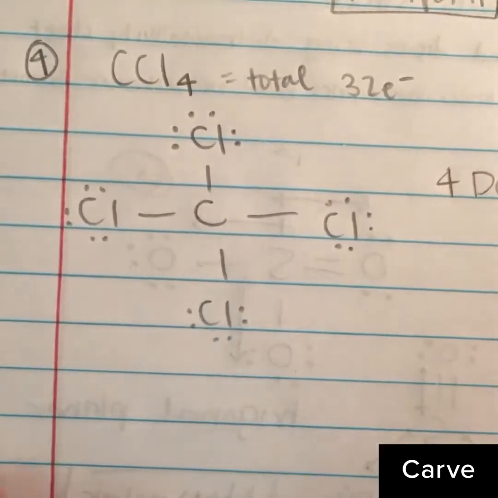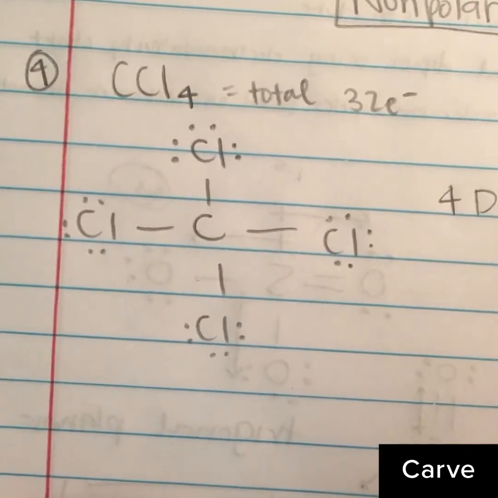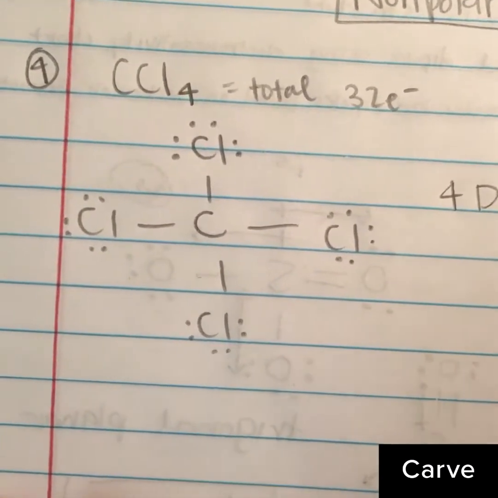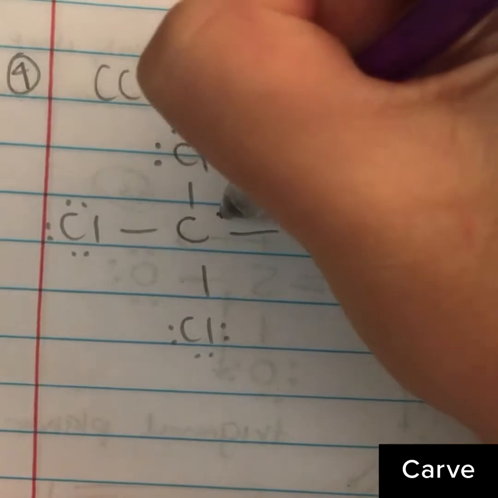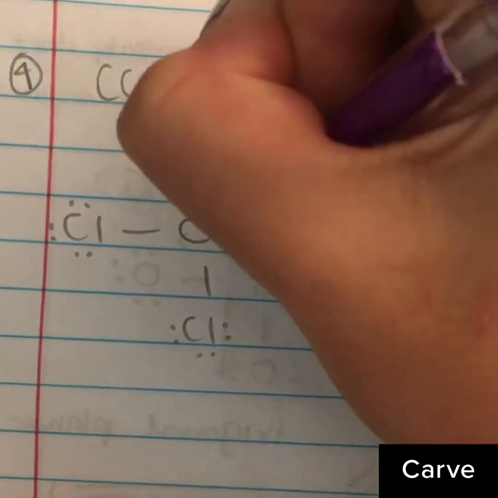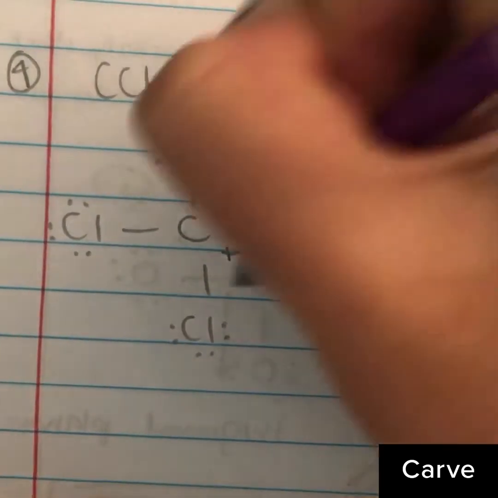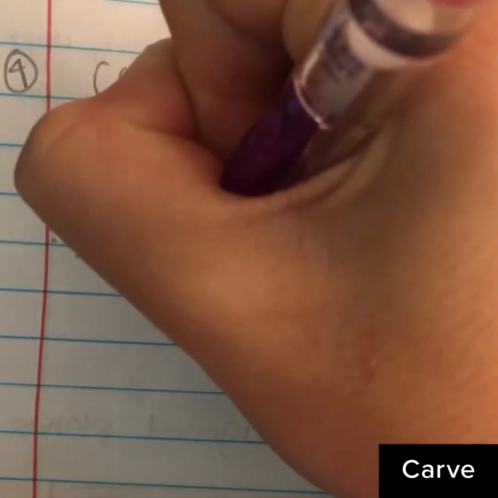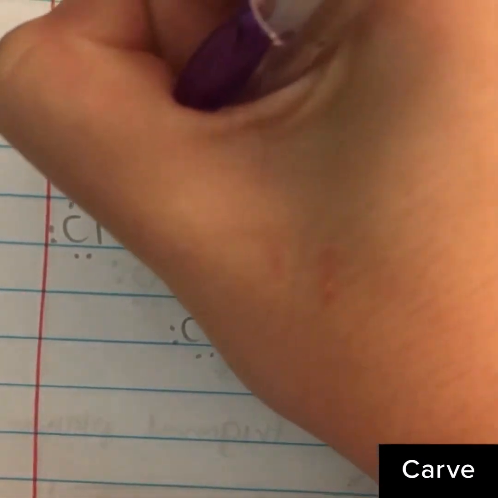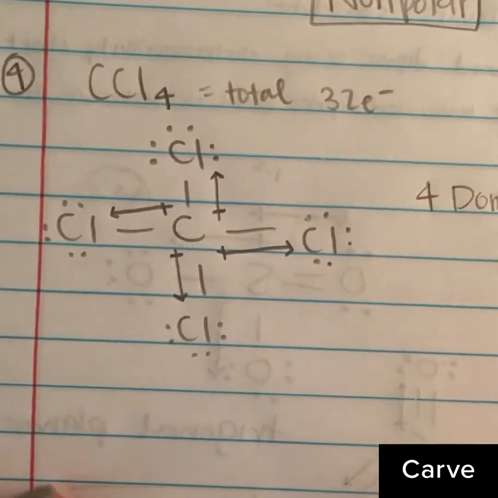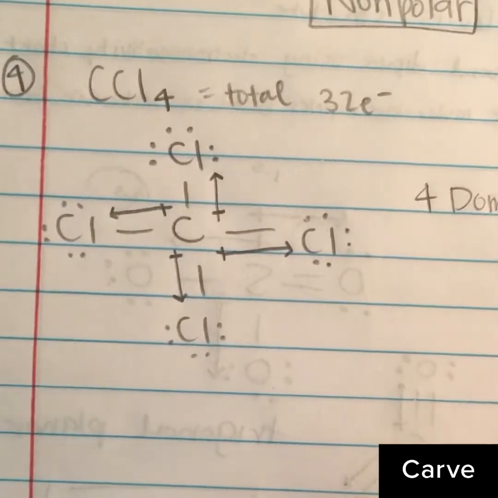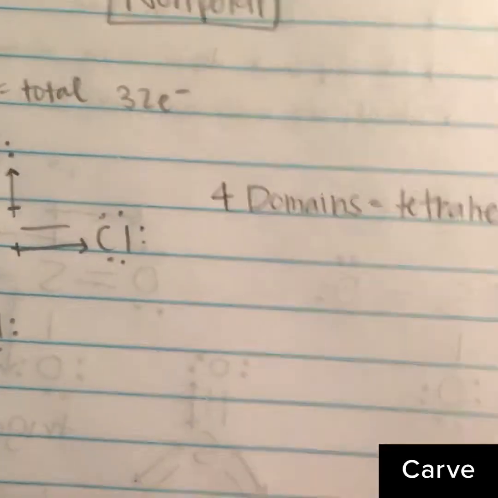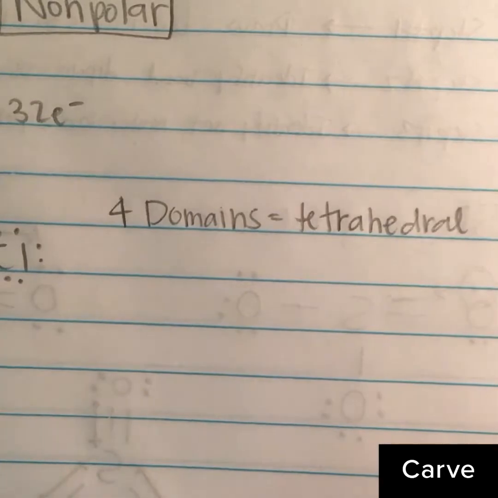So Cl has a higher electronegativity value than C, so you're going to have your positive tails here, go out like that, draw them all the way around like that. There you go. They're all going to be equal in length. It is 4 domains, all bonding, no non-bonding, so it's going to be tetrahedral.